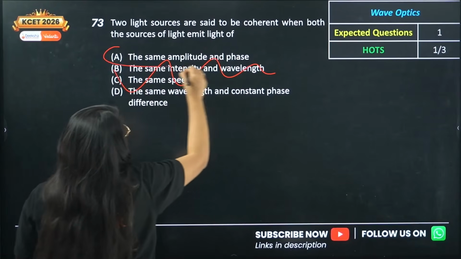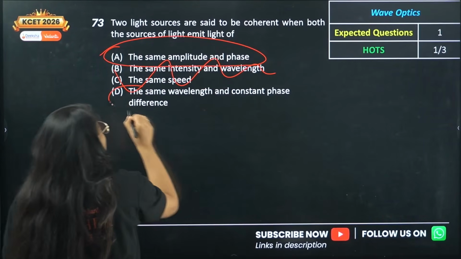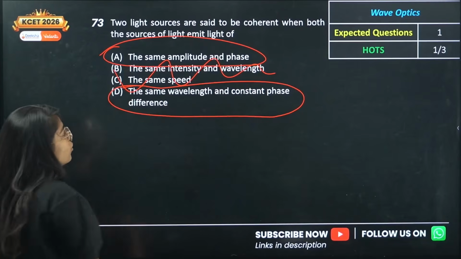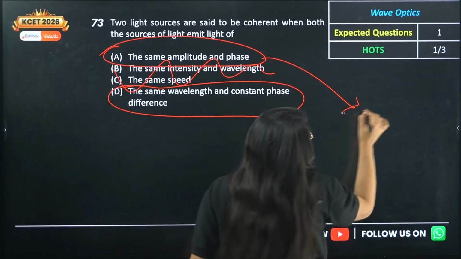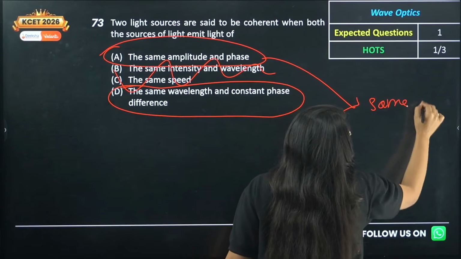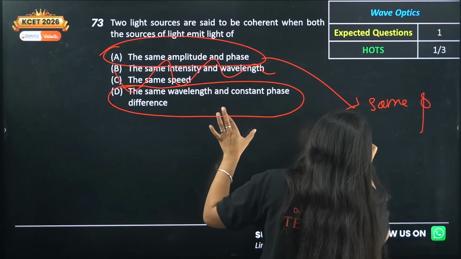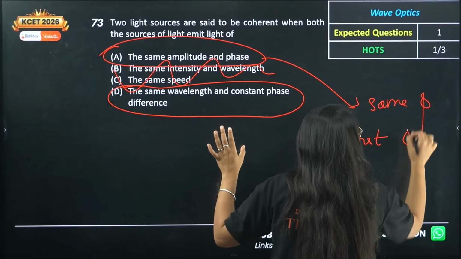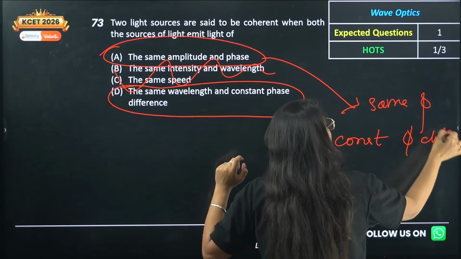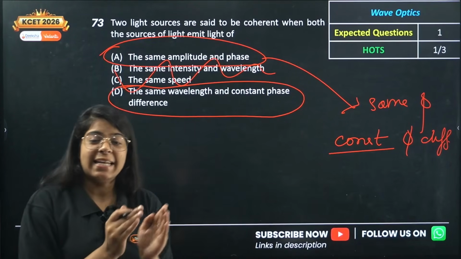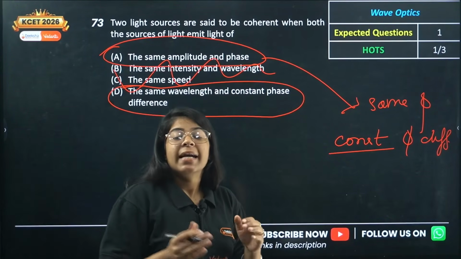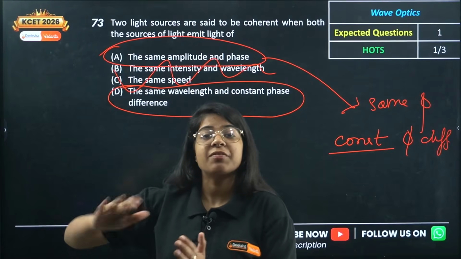Now, the point is to see which of these two options is true. Both will have phase, but this is saying same phase, and this is saying constant phase difference. There is a big difference in both these statements. A light can have same phase, but it cannot have constant phase difference.